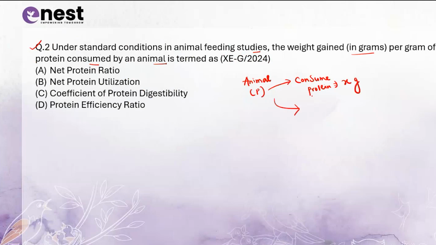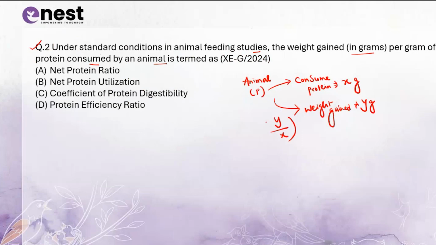So the total protein consumption is X gram. But the weight gained is Y gram.